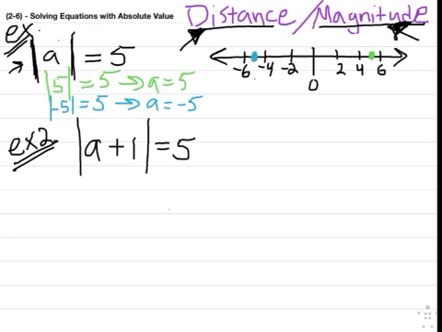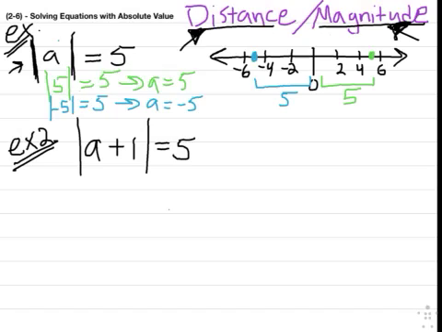That's the whole definition: this distance is 5 from some center point, or starting point. We don't care which direction we're in. That's why the negative works and the positive works.